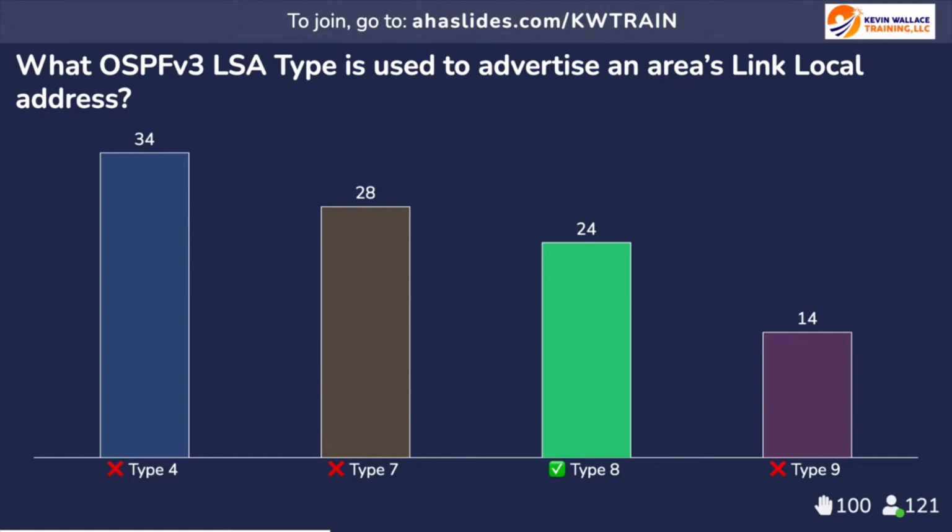So type 8 is also known as the link LSA, and that's used to advertise link local addresses within an OSPF area. Type 9 LSAs, which we call intra-area prefix LSAs, are used to advertise networks within an OSPF area. So great job there, everybody.